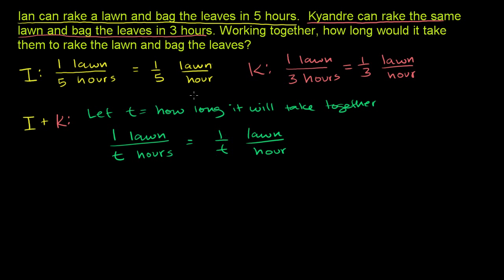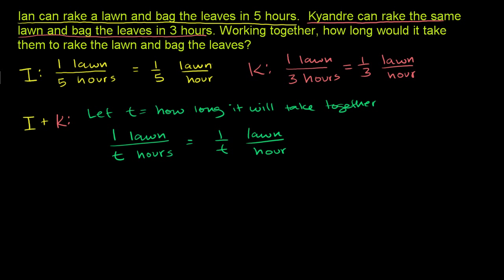So here we have the rate of Ian, the rate of Keandre, and the combined rate. The combined rate is just going to be the sum of each of their rates. If he can do 1/5 of a lawn per hour and he can do 1/3 of a lawn per hour, then in an hour he'll do 1/5 and he'll do 1/3. So you add those two together to figure out how much they can do in an hour.